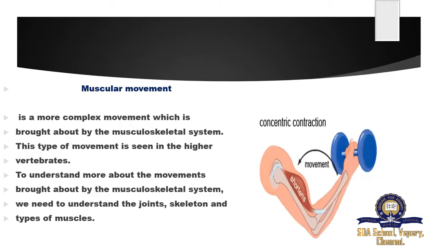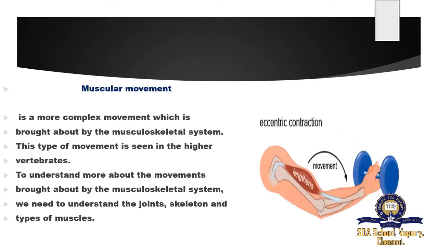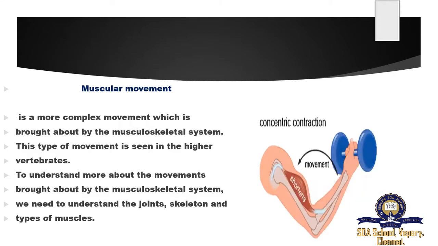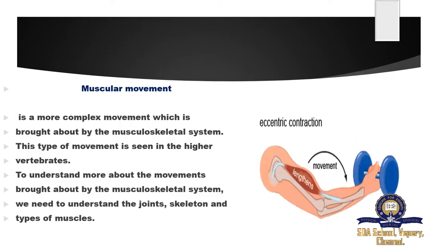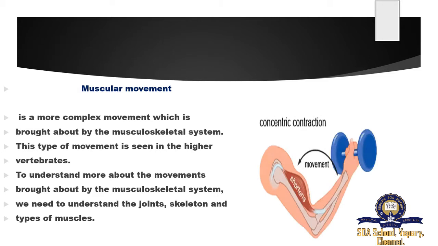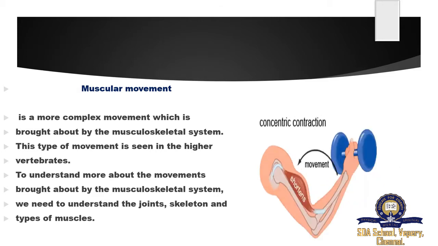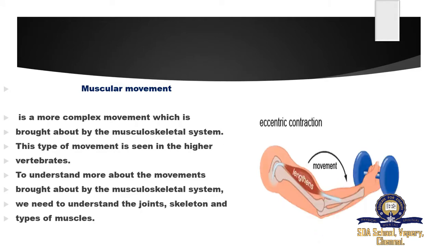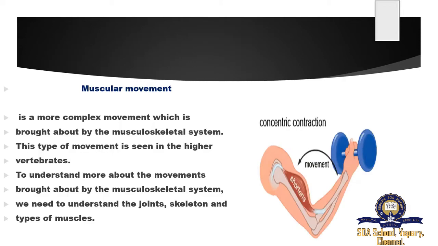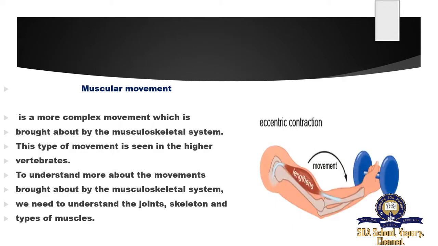Here we have an example of muscle movement. In vertebrates we have a skeletal system, joints, and a muscular system, so it depends upon our body's nature and structure. We move the hands, legs, and different parts of our body, and for that we have different joints. In the next video, we are going to study joints.